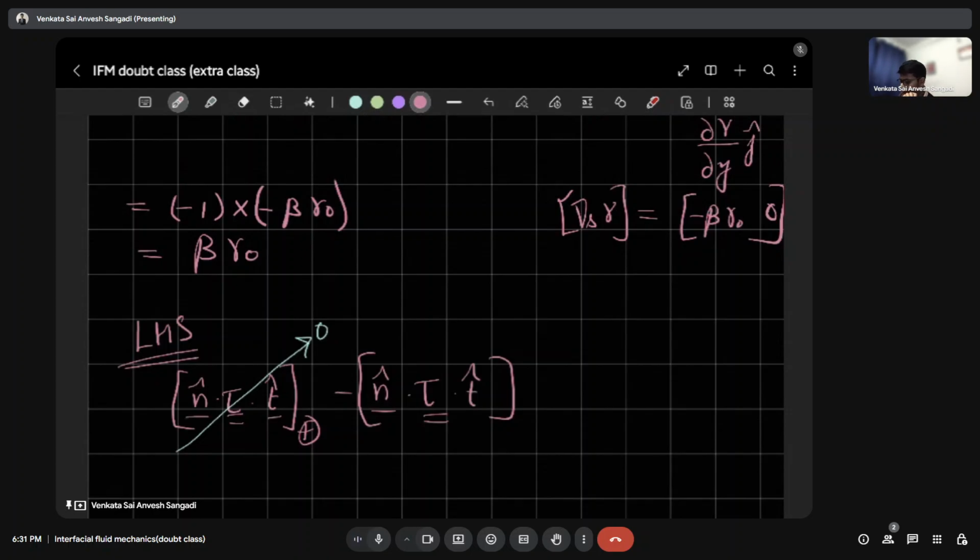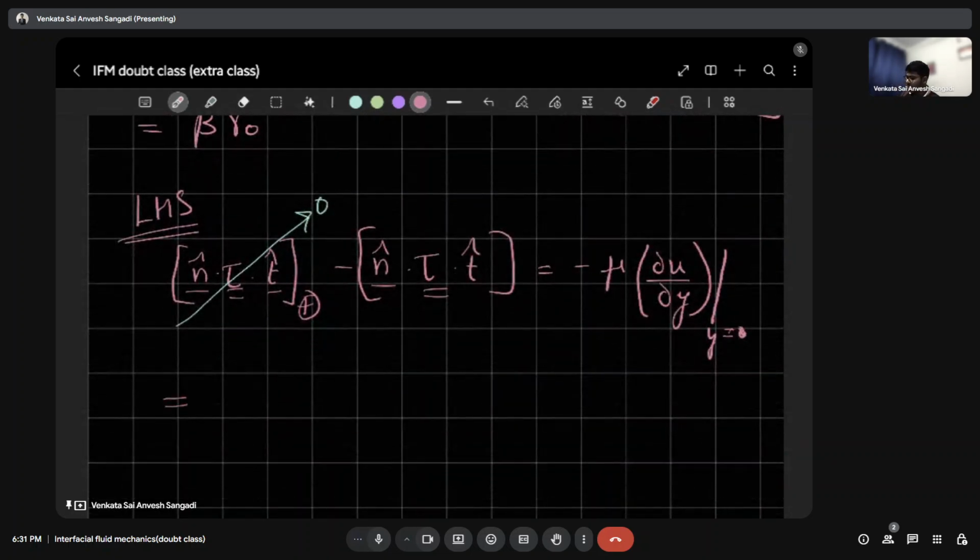We'll get tau, which is equal to simply minus mu del u by del y, and this is at y equal to 0. We want it at y equal to 0, therefore we substitute y equal to 0. This implies that del u by del y at y equal to 0 is equal to minus beta gamma naught by mu.